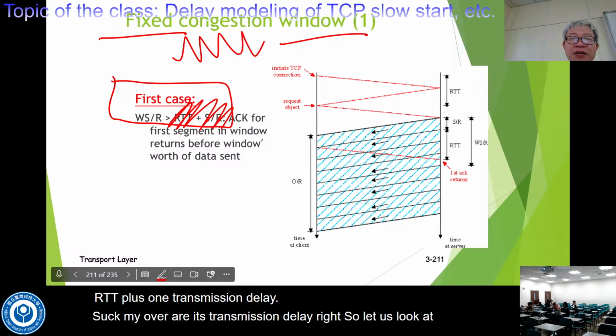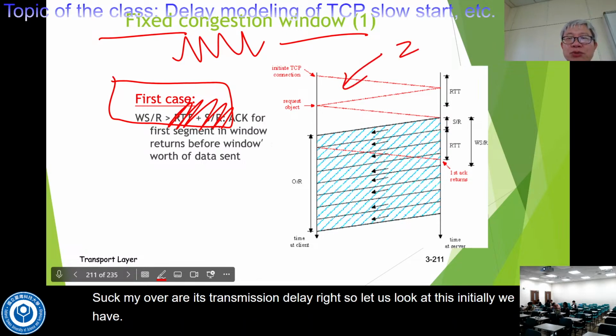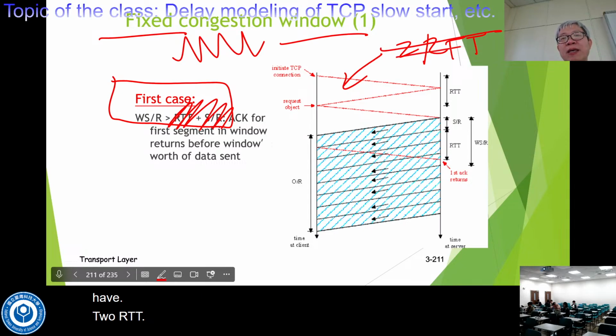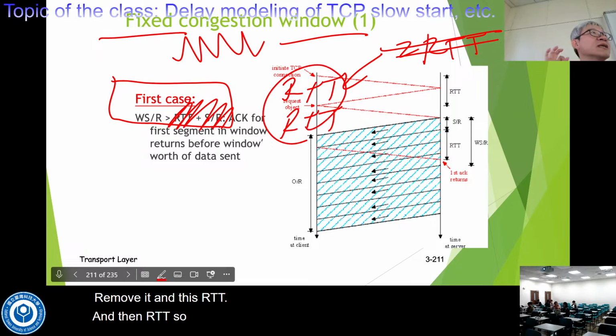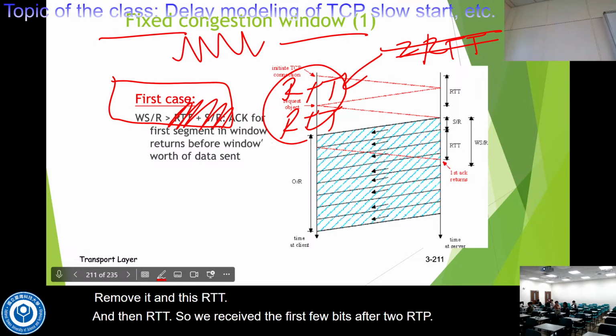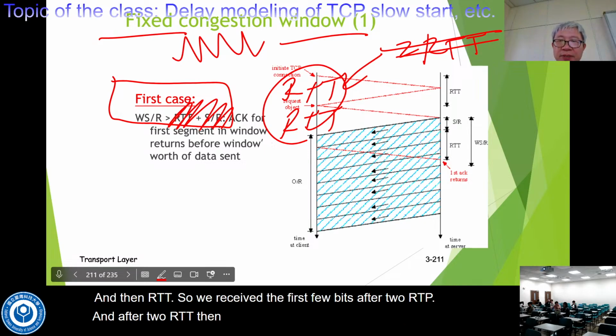Initially, we have 2 RTT. This is RTT, and then RTT. So we receive the first few bits after 2 RTT. And after 2 RTT, we have the time of a single transmission delay.